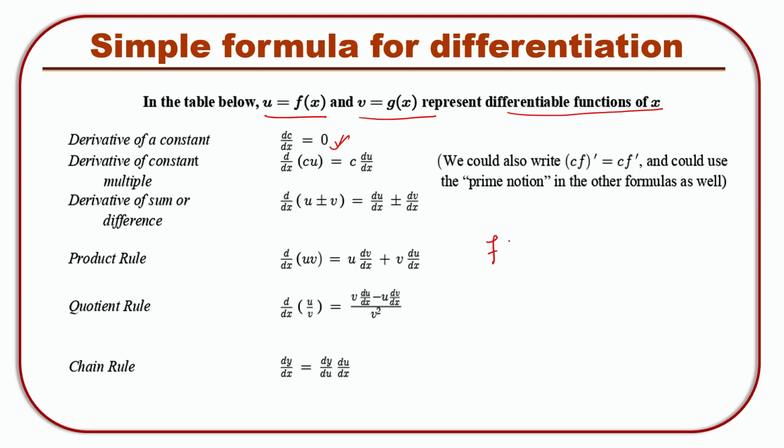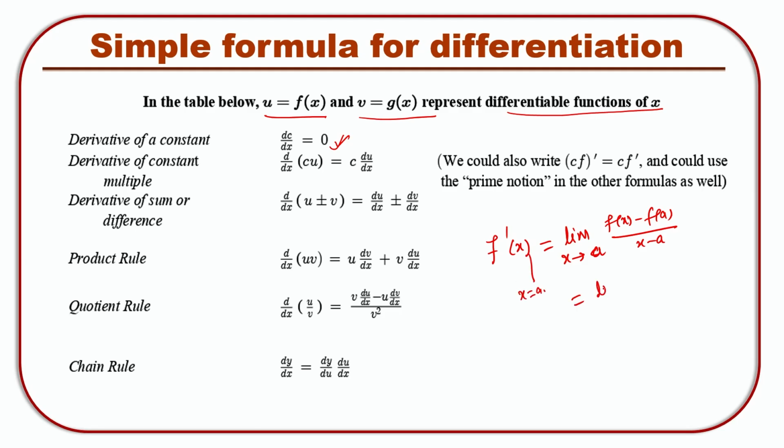As you remember, the derivative of a function f(x) at x equal to a is the existence of a finite value of the limit of (f(x) minus f(a)) divided by (x minus a), right? That's what we have done.